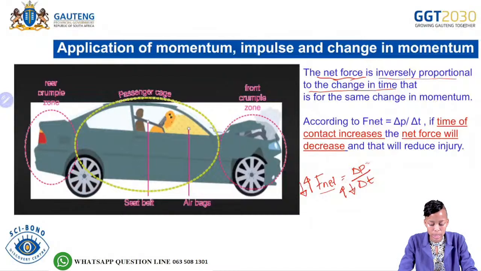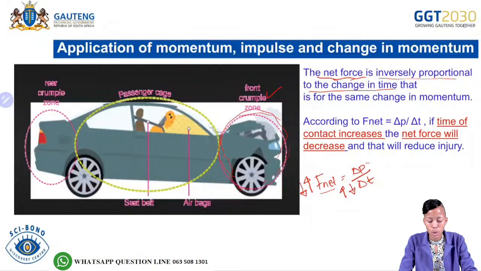We spoke about the front crumple zone. So we said the crumple zone would be represented by the front of a car. So if a car was to be involved in an accident and it has a crumple zone, what is going to happen?